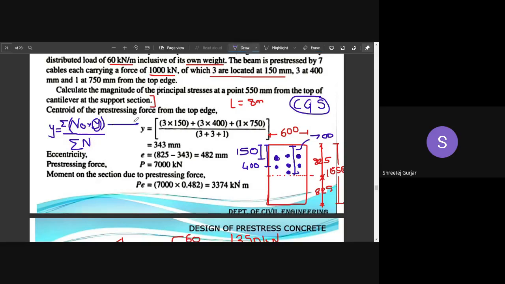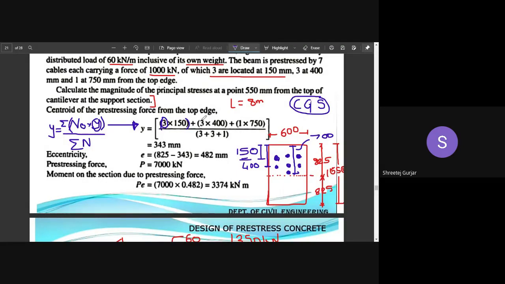Following this formula, we have written Y equals, from the top fiber, let us calculate. The first set of wires is 3 in number, 1, 2, and 3, and their distance from the top fiber is 150 mm. So 3 into 150 is the first term.